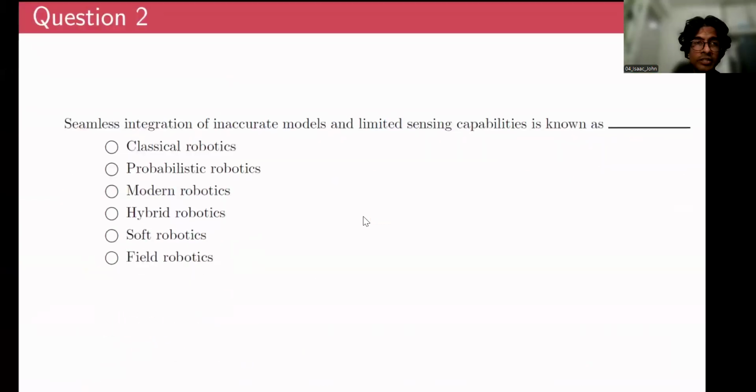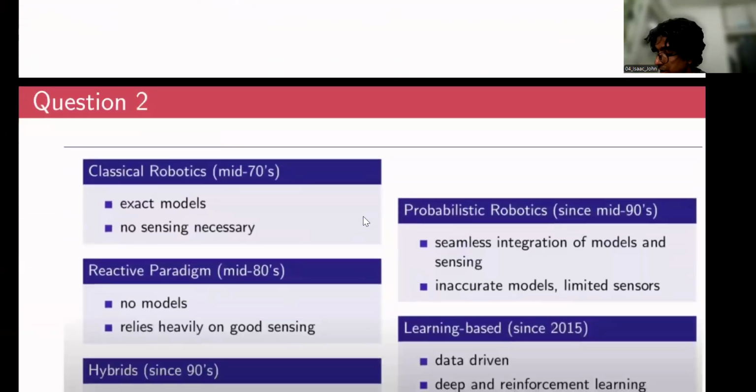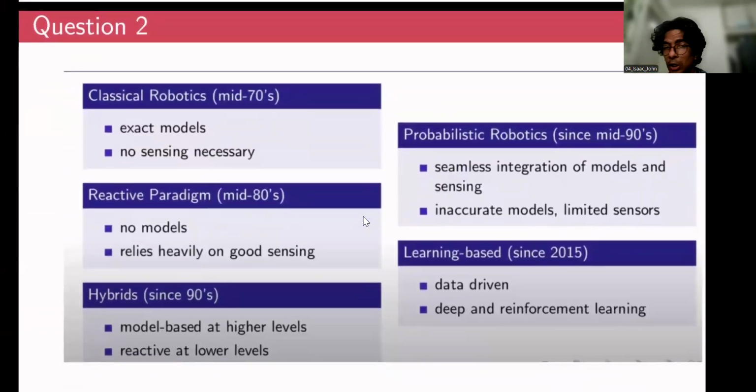And moving on to question 2, seamless integration of inaccurate models and limited sensing capabilities is known as. Earlier in the lecture, we have seen various control paradigms, or various philosophies, which were implemented over the decades regarding the design of motion controllers.